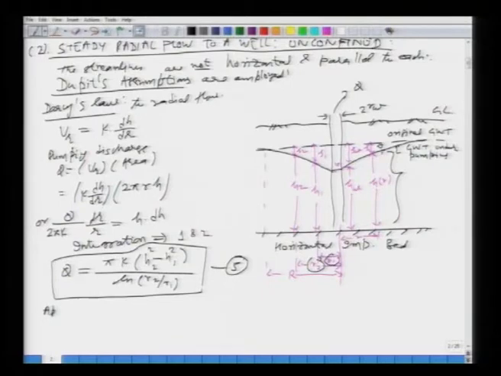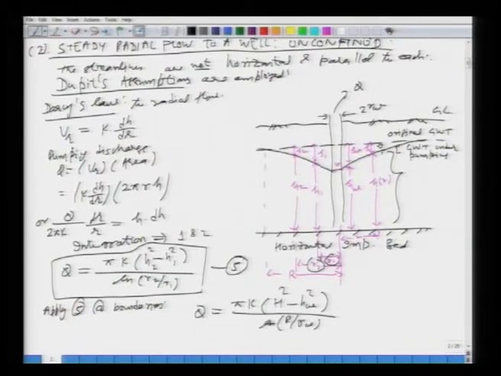We can apply this at the boundaries like we had done earlier. That is the radius of influence capital R and the well itself, R w. Once you do that, what you will have is Q is equal to pi k times capital H squared minus h w squared divided by natural log of your radius of influence divided by R w.